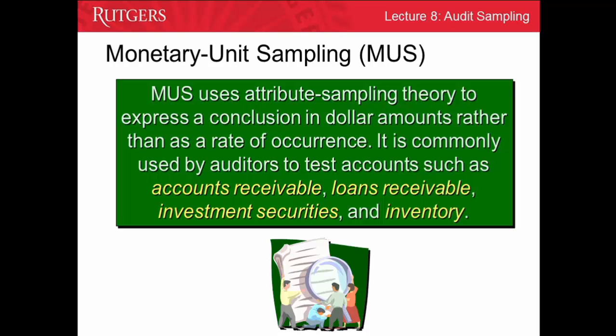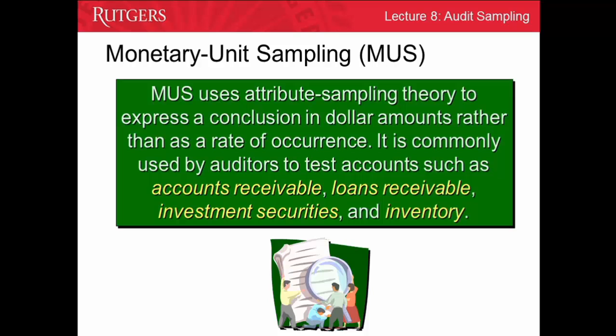While MUS is based on attribute sampling theory, the fact that MUS is designed to test monetary amounts rather than internal control effectiveness causes important differences in these techniques. The differences are driven by the characteristics of control deviations and monetary misstatement.